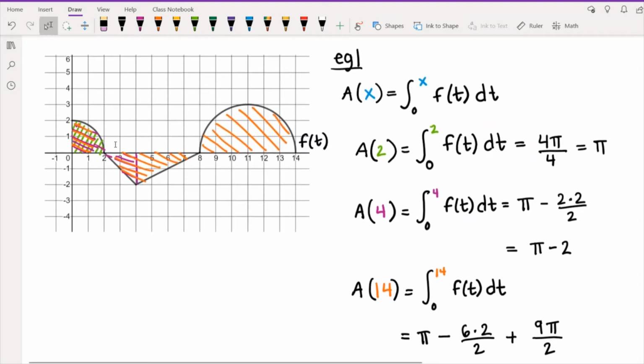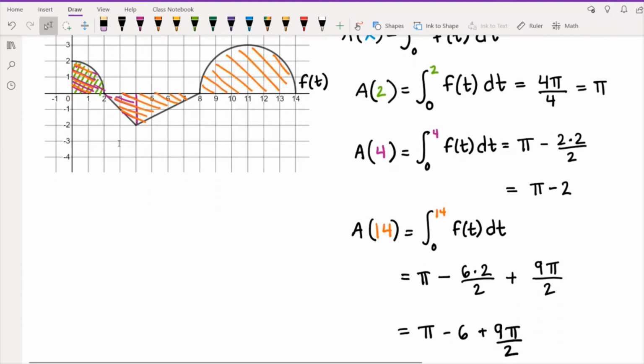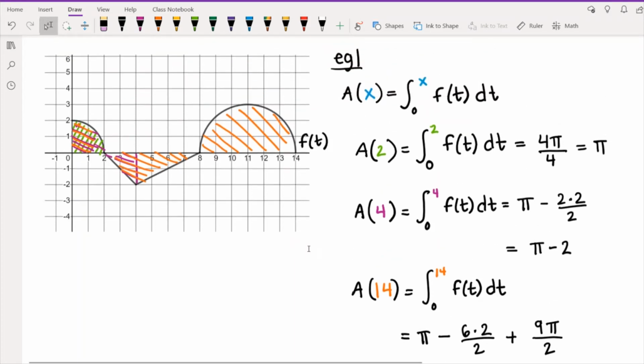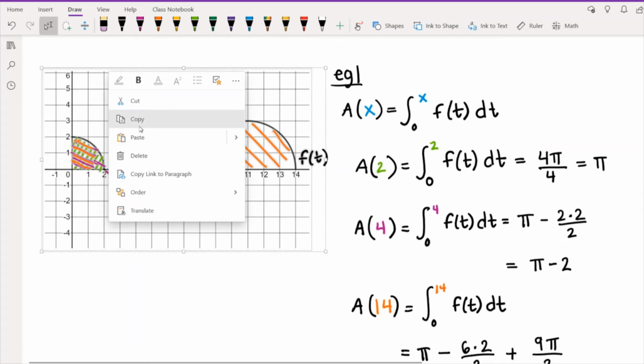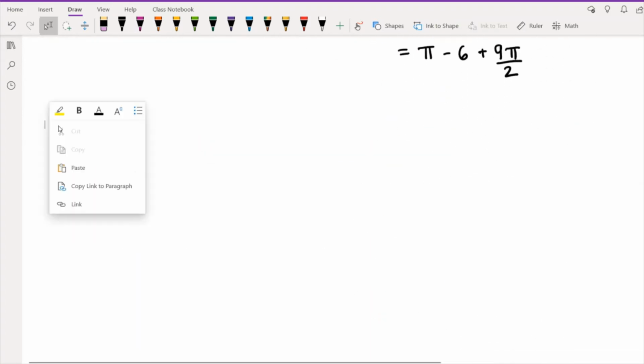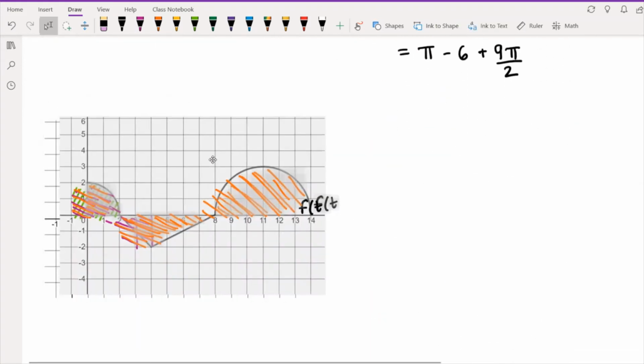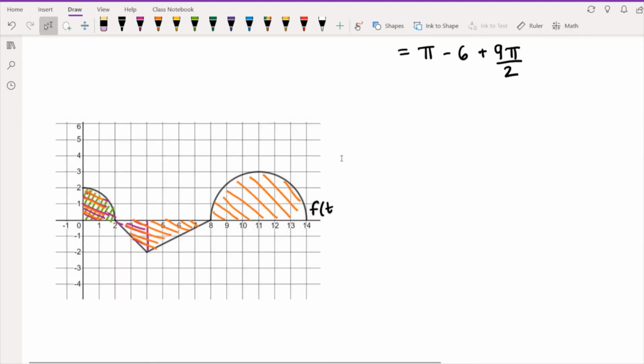Okay, there's one other thing I want to talk about with this specific example, which is the idea of finding local maxima and minima of this area function. So, that might seem a little strange, and actually I'm going to copy and paste this so that I can go down here. It might sound a little strange that we're talking about local maxima and minima, but remember, an area function is just a function.